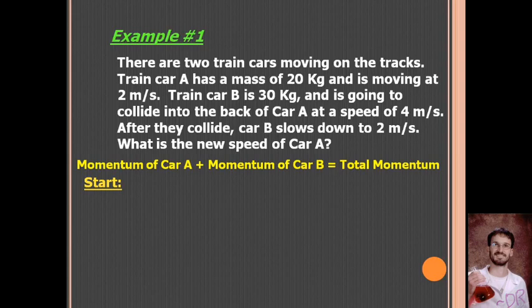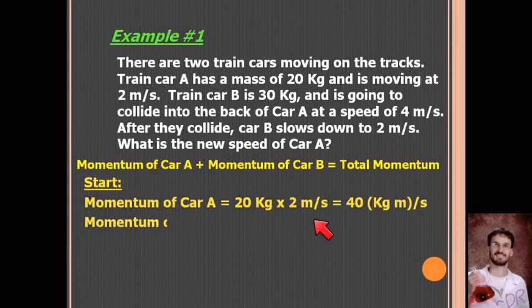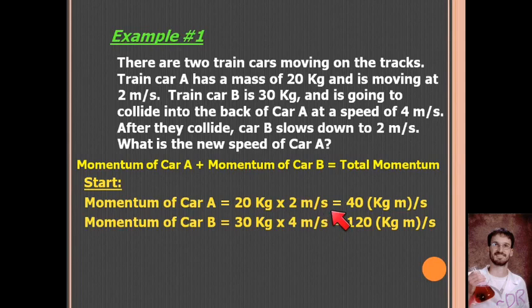Well, you have to figure out the total momentum before the collision. So we have two cars. We have to figure out the momentum of each of them, how much energy is being used to move them through space, and add them together, and you get the total. One car, 20 kilograms. It's moving at a velocity of 2 meters per second, forward direction.